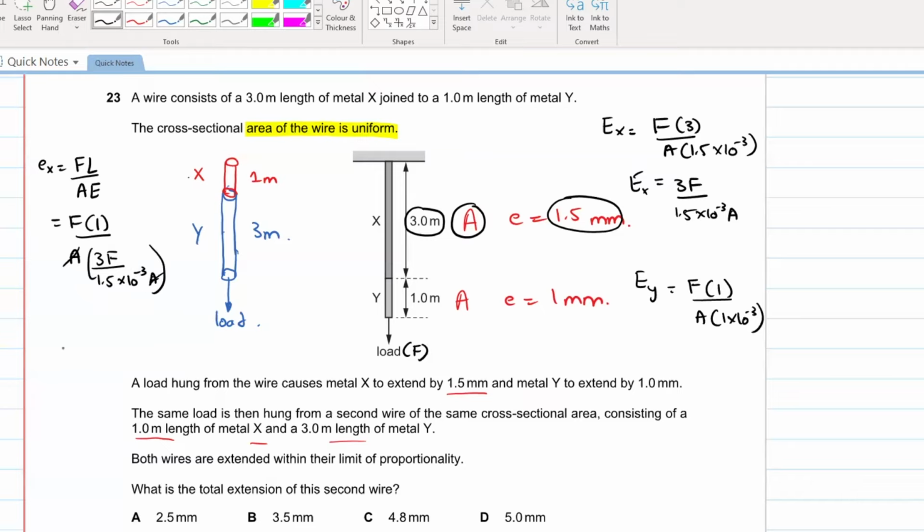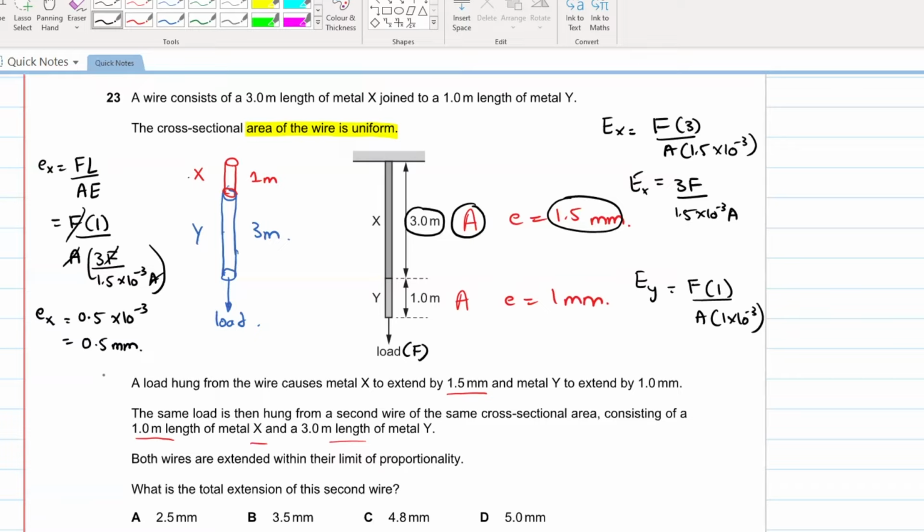Area cancels out, F cancels out. Extension of X comes out to be 0.5 into 10 raised to the power of minus 3, that is equal to 0.5 millimeter.